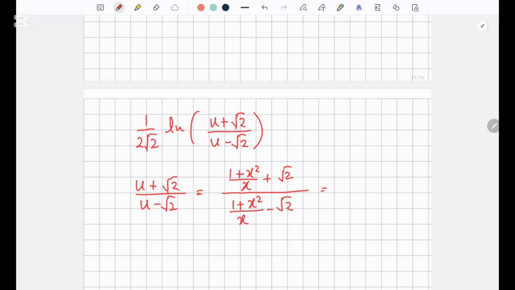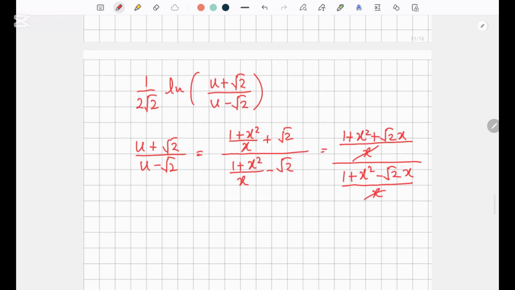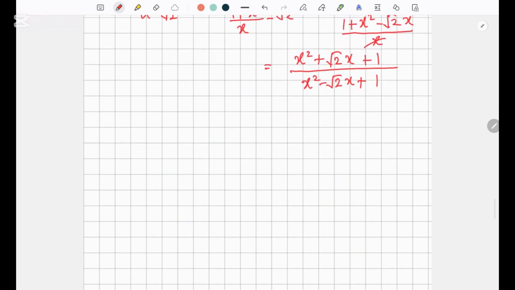You could write this as (x squared plus root 2x plus 1) over x, over (x squared minus root 2x plus 1) over x. You cancel off the x's, and you can write it as x squared plus root 2x plus 1 over x squared minus root 2x plus 1, right?